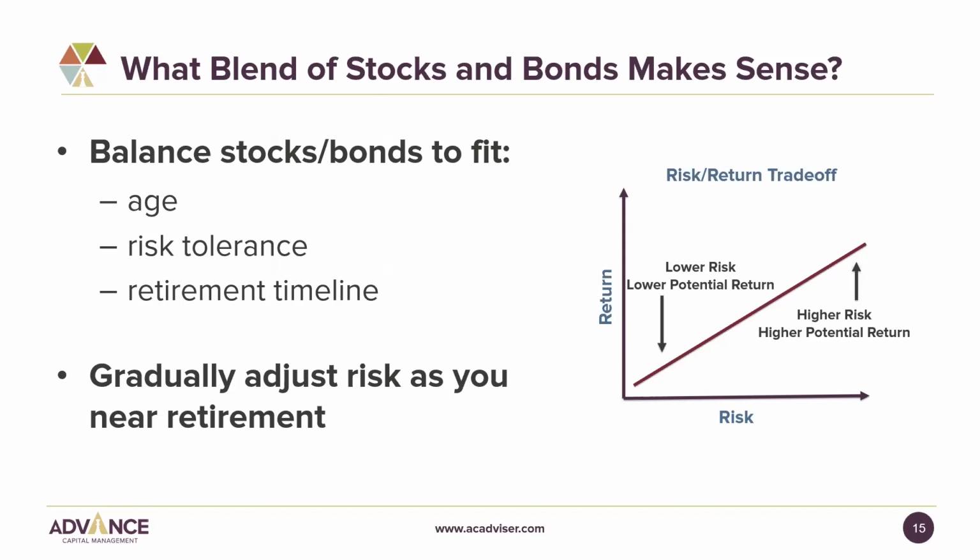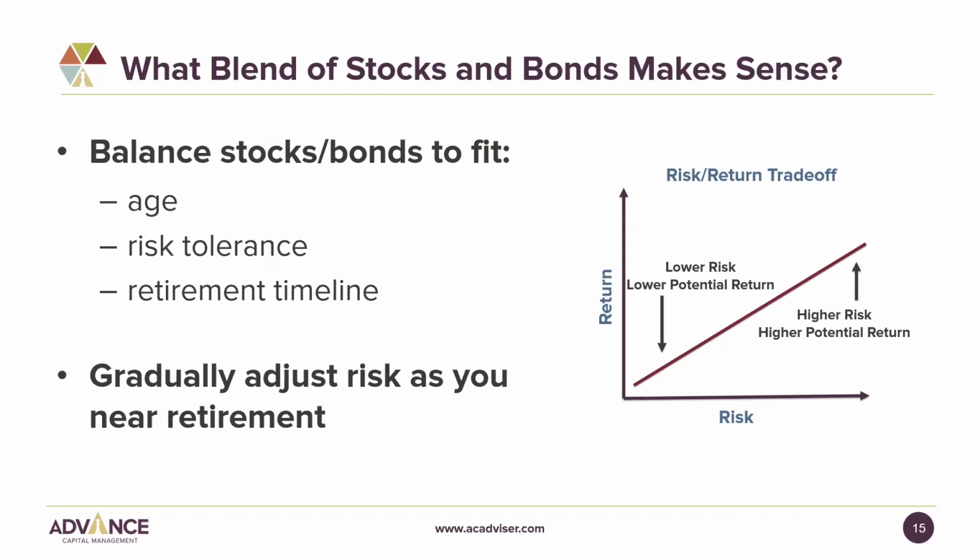But in general, the thinking is higher risk investments should be reduced as you get closer to retirement, simply for the fact that you don't want a singular market event to either delay your retirement date or significantly impact your retirement if you're already retired.